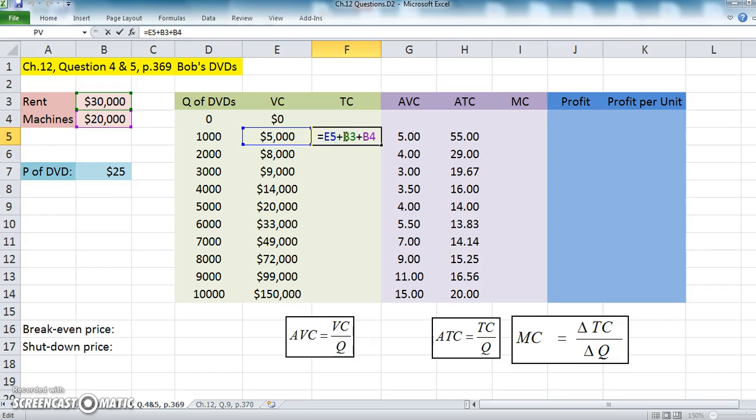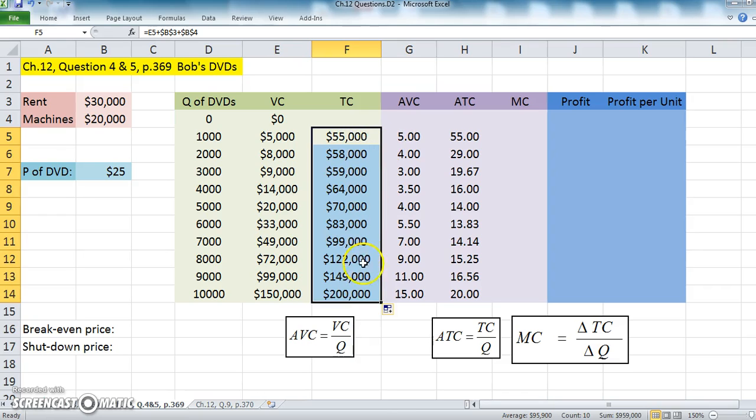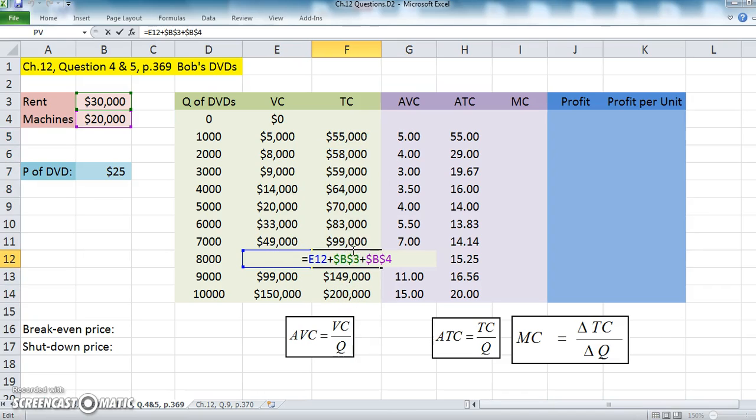Again, we want to keep on using those B3 and B4 cells for our fixed costs, and then do this all the way down. If we double click here, we're using the variable costs, and it keeps on using B3 and B4.